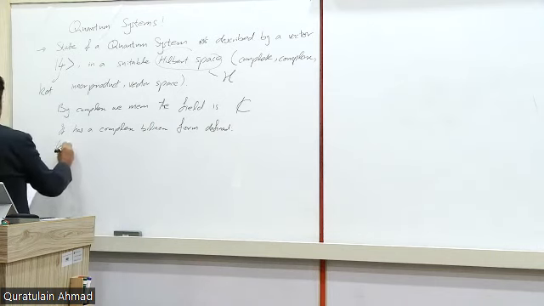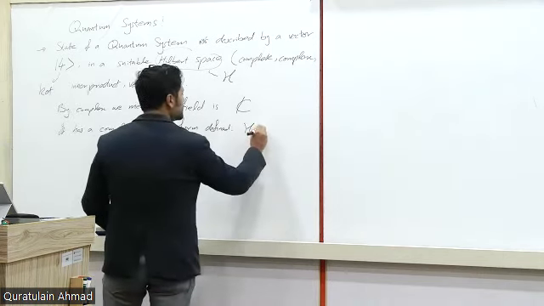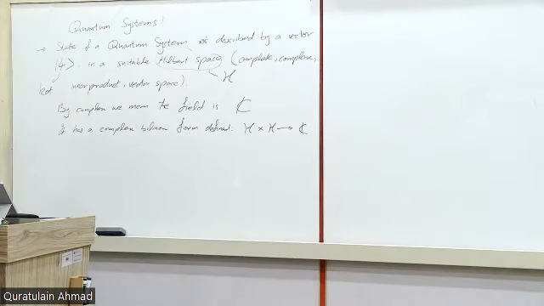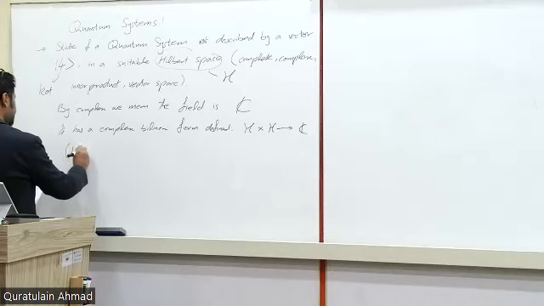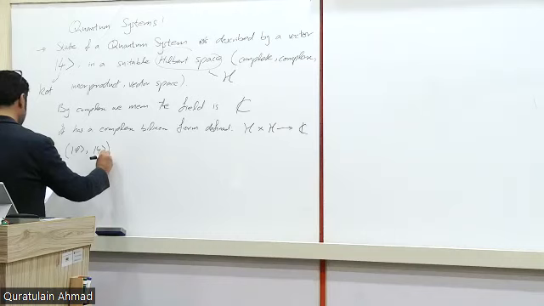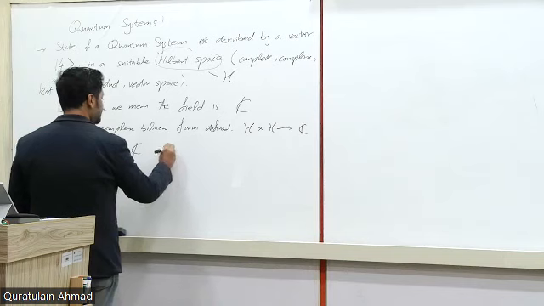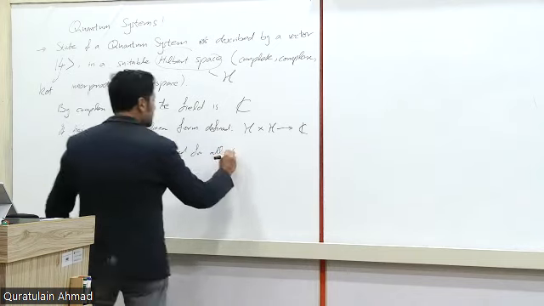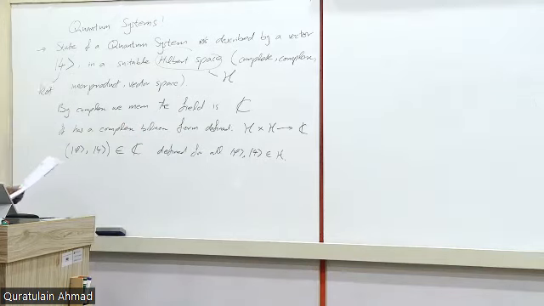You have a map that takes two copies from the cross product of the vector space with itself to C, denoted by this bracket. This belongs to the complex numbers and is defined for all phi, psi in this Hilbert space.